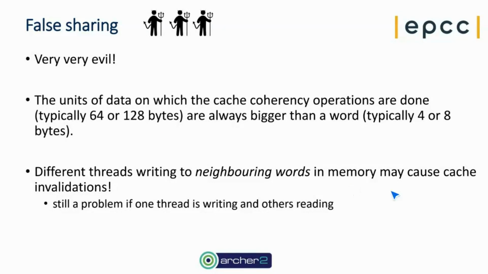So if we have different threads writing to neighboring words in memory, that can cause cache invalidations. There's no actual race condition here, because logically the threads are not accessing the same word of data, but because they're next to each other in memory, they will still cause the entire cache block to be invalidated and then subsequently refetched.